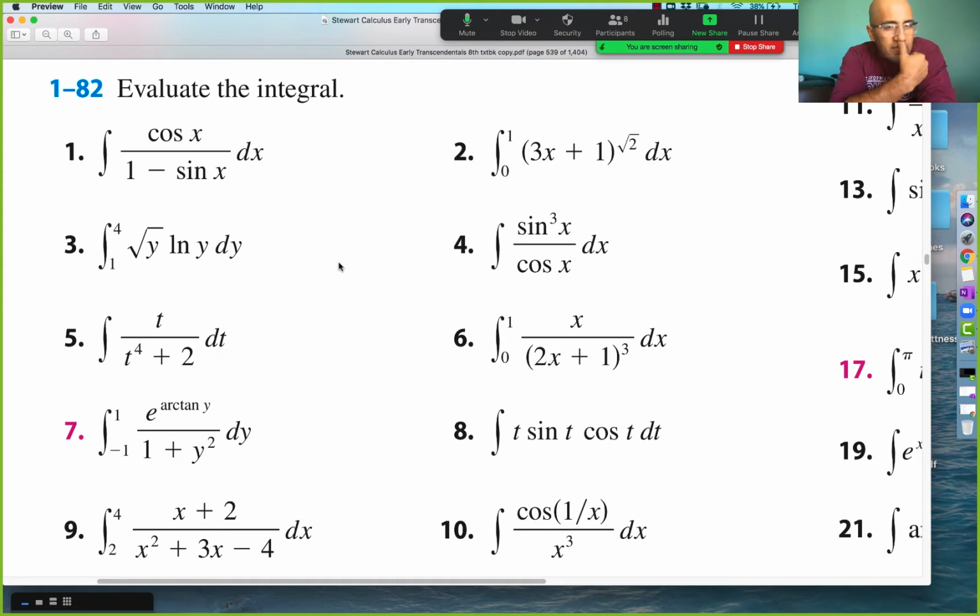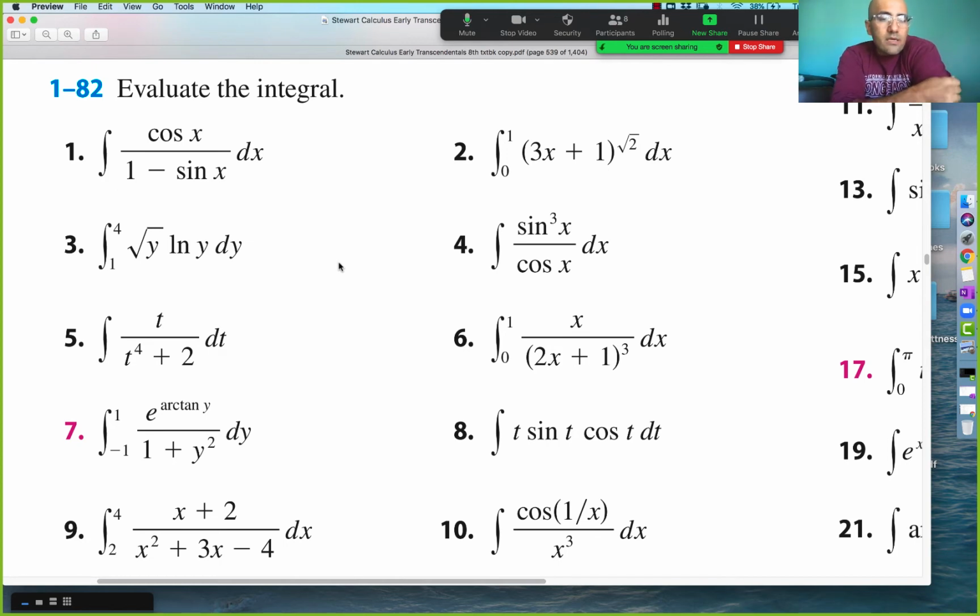If we let it be the square root of y, then its derivative would be 1 over the square root of y, which we don't have. If we let u equal ln of y, its derivative would be 1 over y. It just doesn't quite seem like a good place to go.